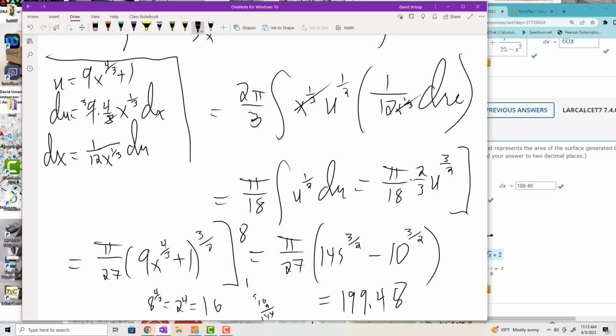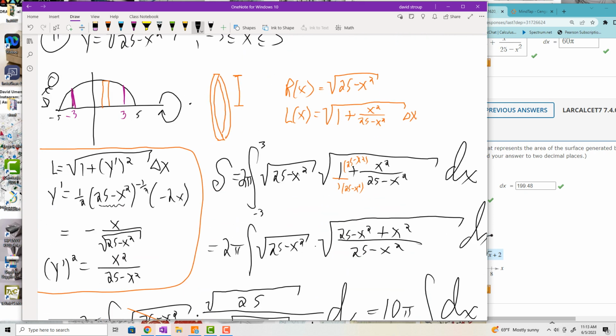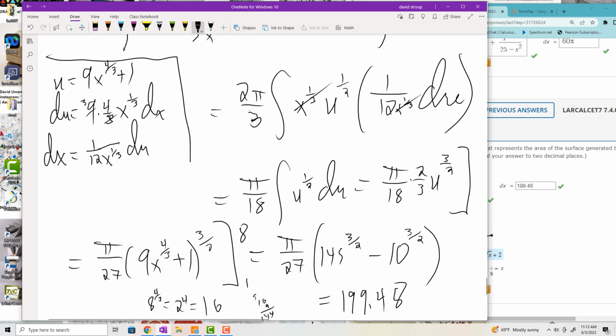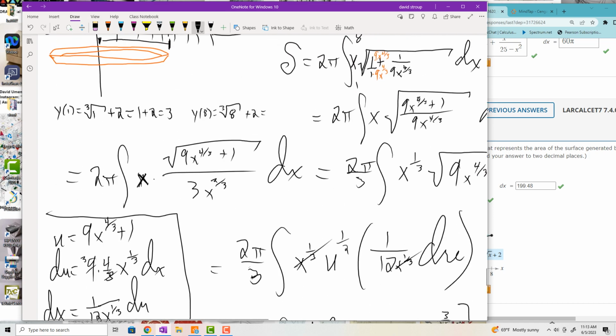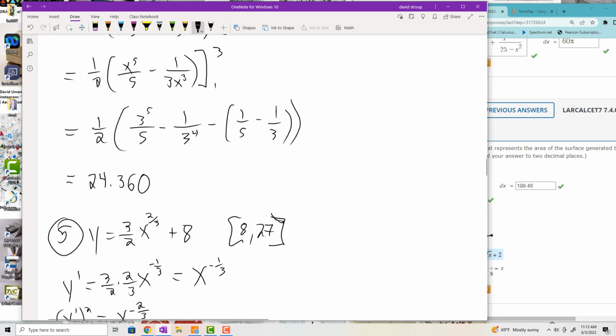Yeah, so I mean, the real part they're trying to teach you is just the setup, but then on top of that you have these kind of nasty integrals that have their own set of tricks associated with them.